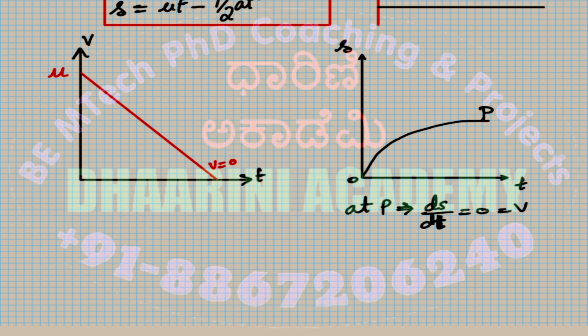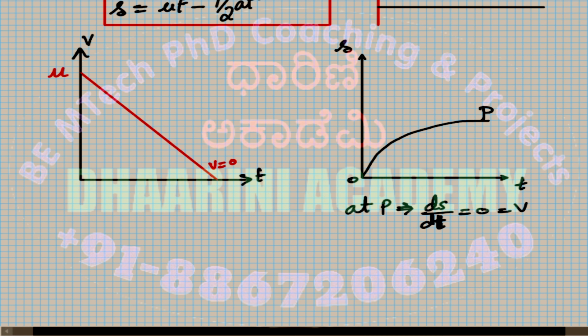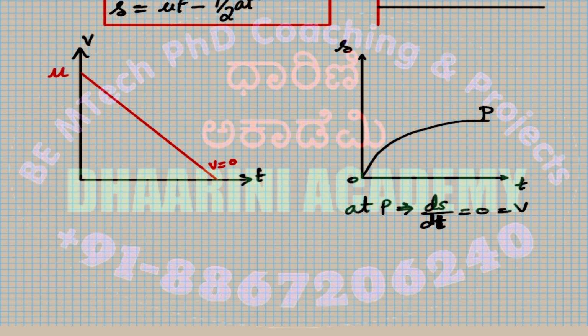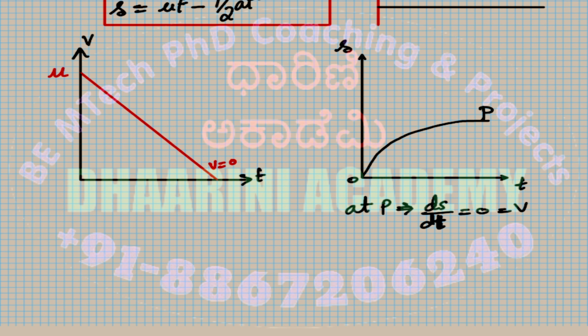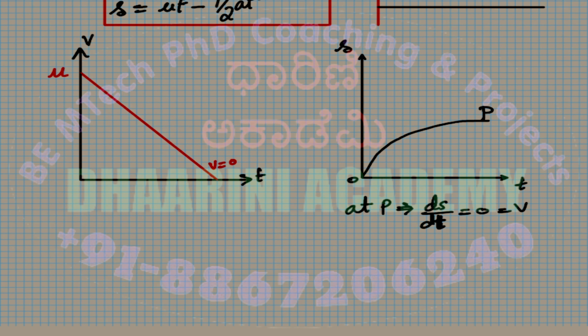That point P denotes the time at which the vehicle stopped. Uniformly accelerated and uniformly retarded or decelerated motions have been considered with the corresponding equations and graphs, and it's easier to analyze the motion through graphs rather than solving the problems.